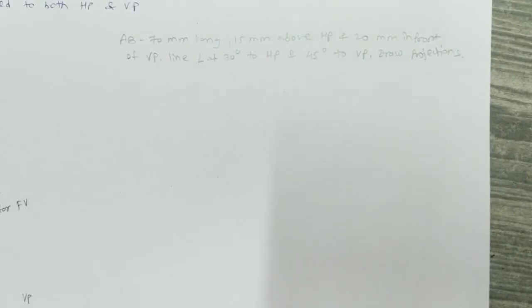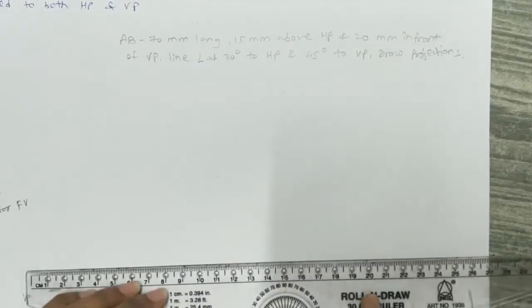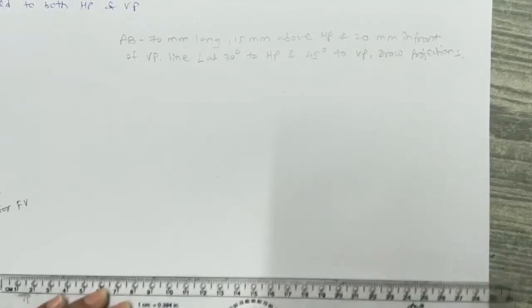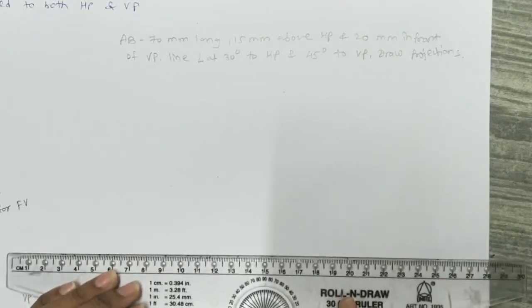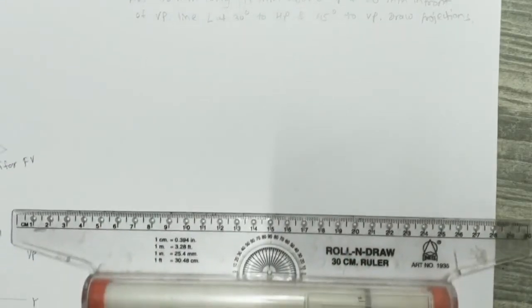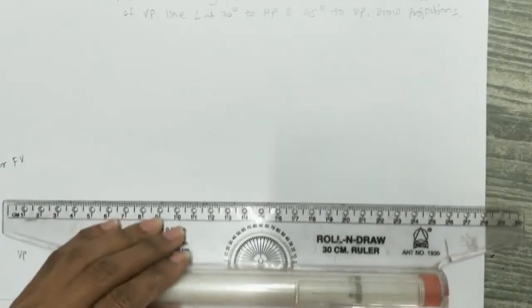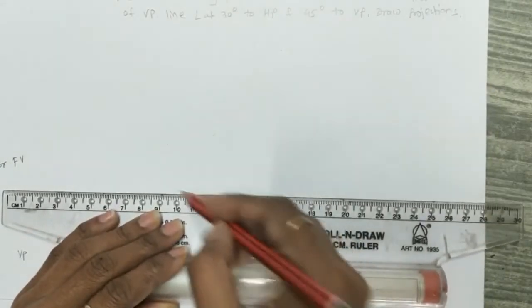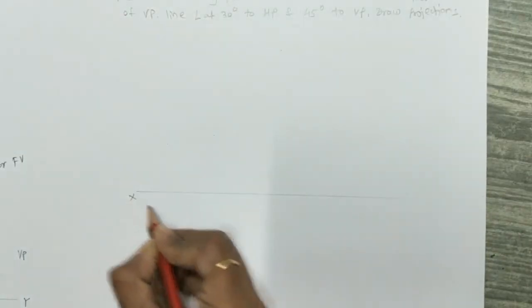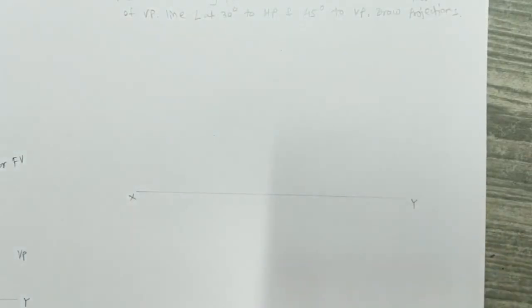Now concentrate here on how to draw the projections of a line inclined to both HP and VP. For this, first draw the XY line.